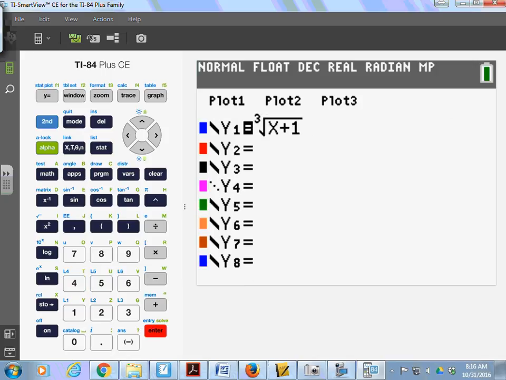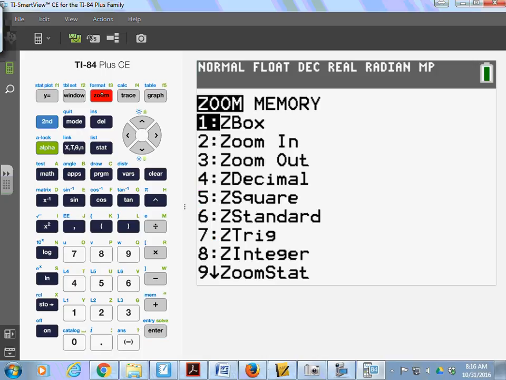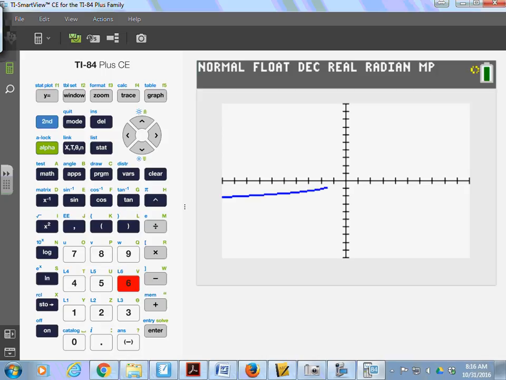And we'll graph that in our standard viewing window, Zoom 6, and we get this graph here. Cube root of x plus 1.